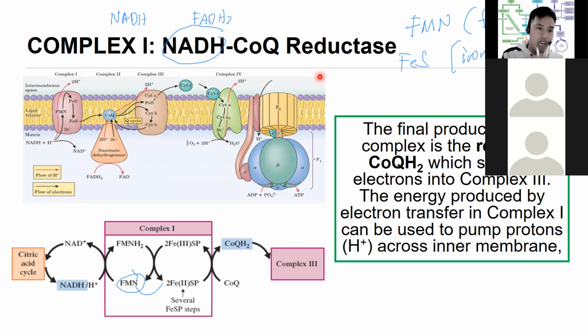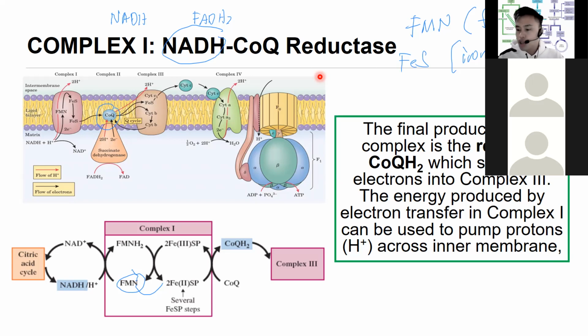The order is from NADH, it will be passed on to flavin mononucleotide, and then the electrons gained by FMN will be passed on to iron sulfur protein. The final acceptor of electrons in your complex 1 is your coenzyme Q. That's why it's called NADH CoQ reductase, to indicate that the final acceptor of electrons coming from NADH in complex 1 is your coenzyme Q.